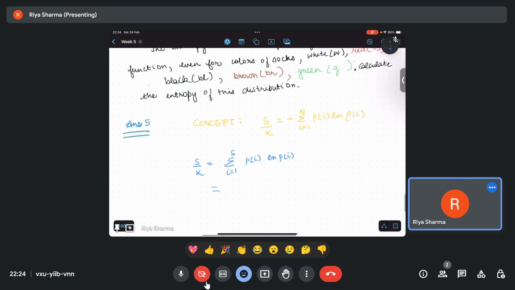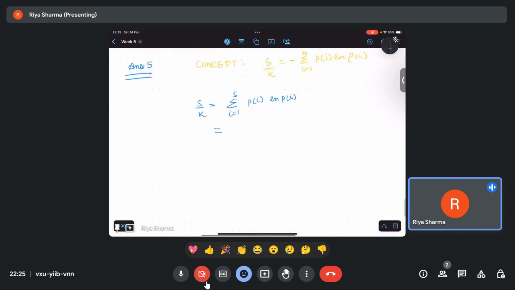So whatever we have been given, minus 0.2 ln of 0.2 minus 0.3 ln of 0.3 minus 0.1 ln of 0.1 minus 0.3 ln of 0.3 minus 0.3 ln of 0.3 minus 0.1 ln of 0.1.